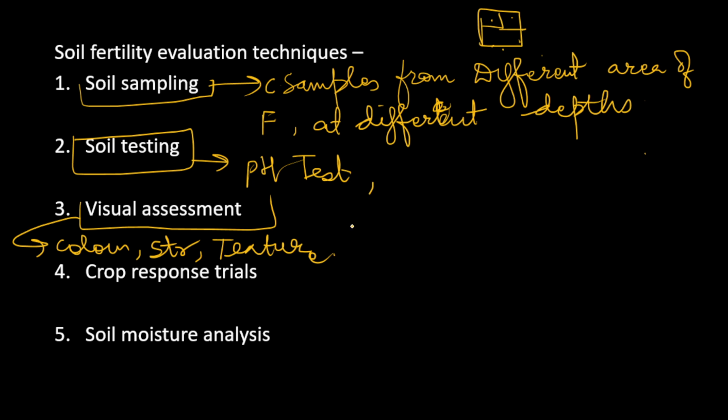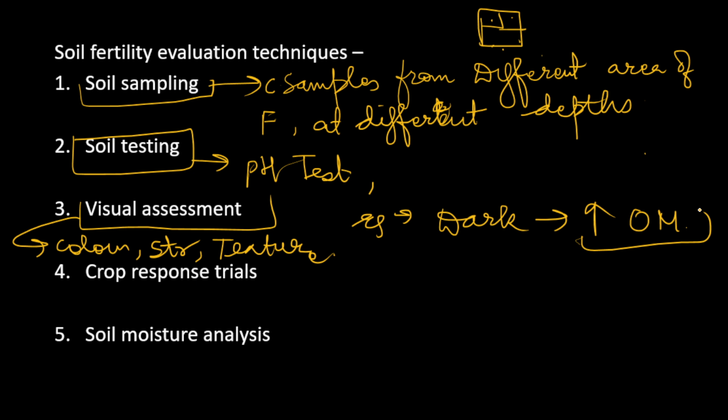For example, suppose a soil is dark in color. If a soil is dark in color, it indicates higher organic matter. So the darker the soil, the higher the organic matter. This is the way we can check for color, structure, and texture. These things are visual assessment.